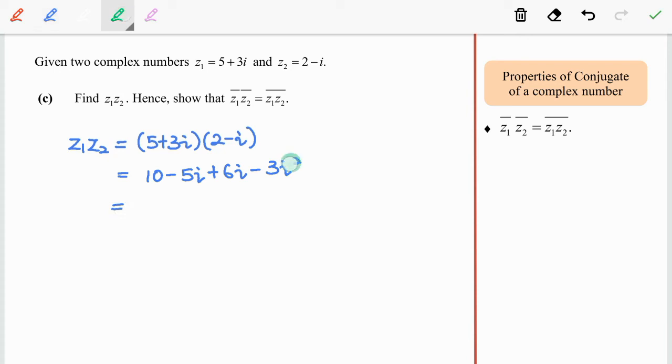Now, we are going to substitute i squared with negative 1. So here is positive 3. So by simplifying this, our answer is 13 plus i.